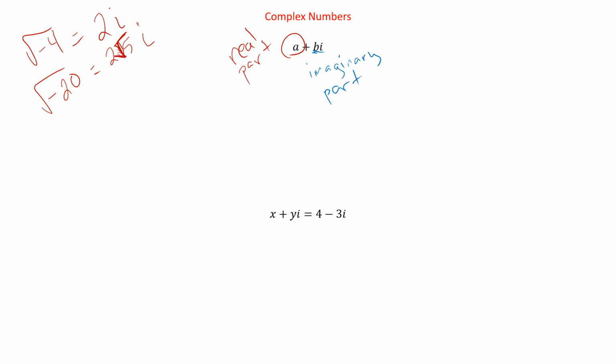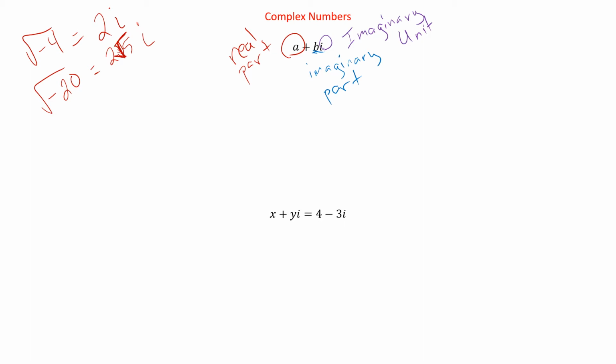And then we have the i. The i is called the imaginary unit. If I was ever a masked wrestler, I would want to be called the imaginary unit. So that's what complex numbers look like. We want to write them so we have the real part plus the imaginary part.